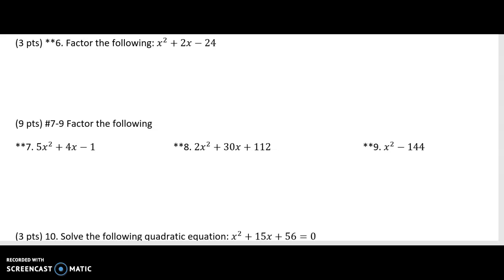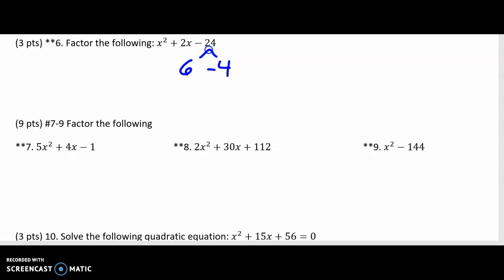Okay, number 6. It's just asking you to factor. The first thing I check is GCF every single time. There isn't one. A is 1 here, so that makes my life a little easier. I'm going to look at what multiplies to negative 24 and adds to 2. That is going to be 6 and 4, with the 4 being negative.